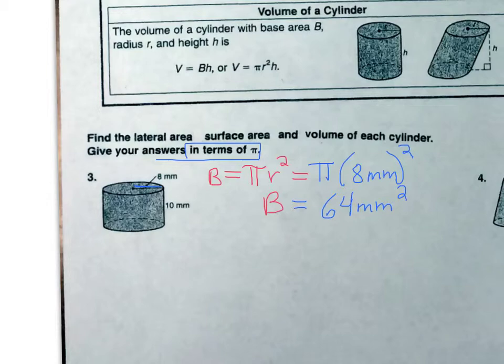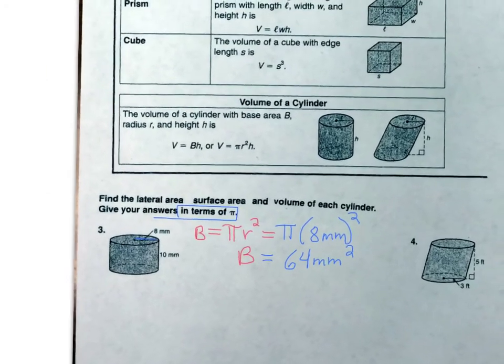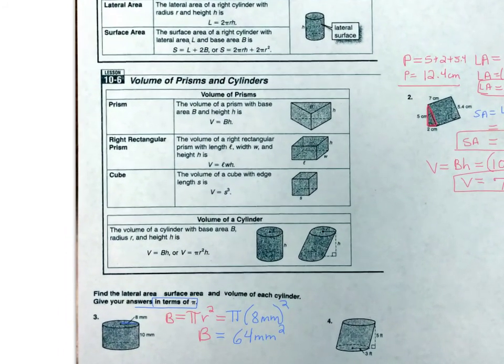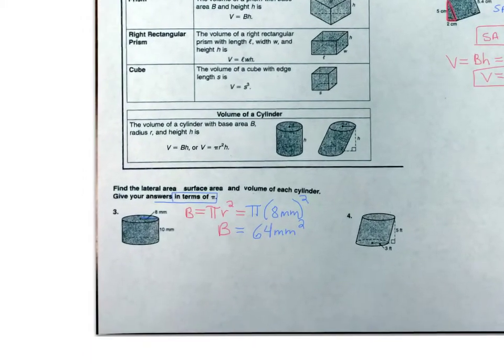Now, when I want to get the lateral area, if you look at the formula for the lateral area of a cylinder, it's 2 pi r h, because it's the circumference times the height. That's the formula for the lateral area. So let me come back over here.